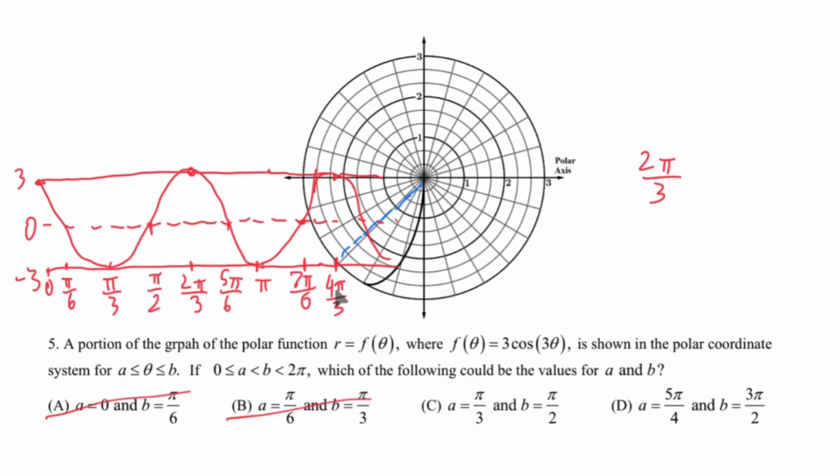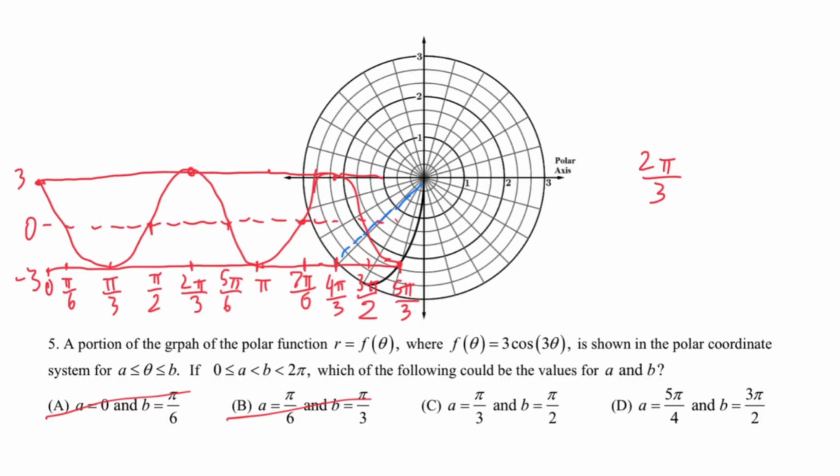Then if we put it back to the original 6, 8 pi over 6 plus pi over 6 is 9 pi over 6, which simplifies. 9 pi over 6, we can divide both by 3. That's 3 pi over 2. This value here is going to be 10 pi over 6, and we divide both by 2, that's 5 pi over 3.